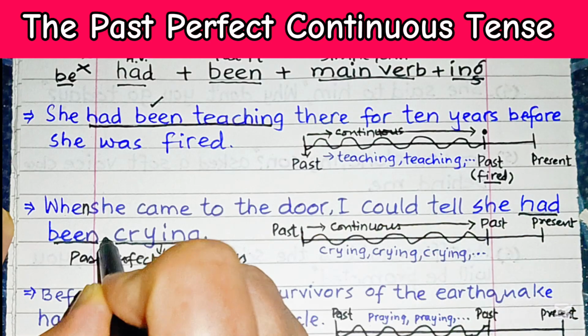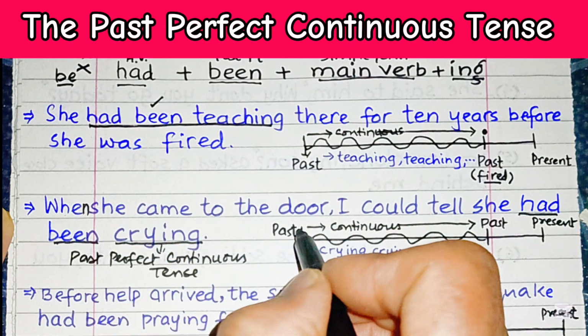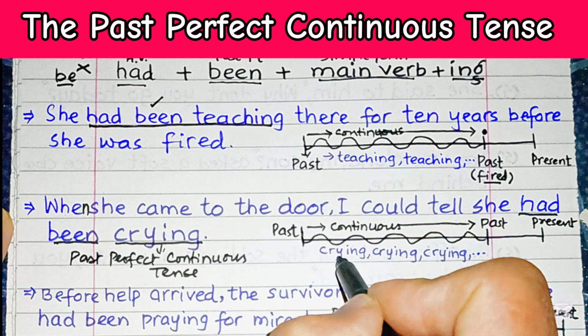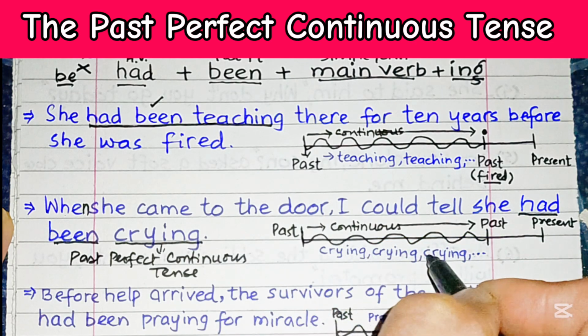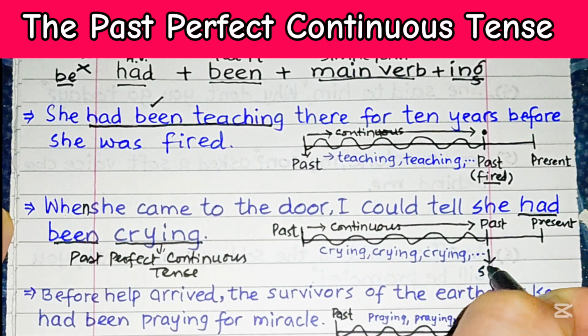This one, had been crying, started in the past, and the person was crying, and then stopped crying. At this point, that person stopped.